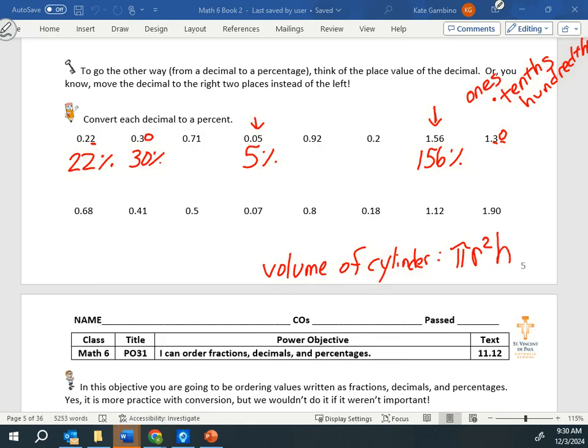So r is that radius going from the middle of the circle to the outside. You need to square that. That's the first thing you do in PEMDAS. You do your exponents. So you would find what r is, you would square it, then multiply it by that pi button on your calculator, or you could put in 3.14. Either way is going to get us the answer, and then multiply it by the height.